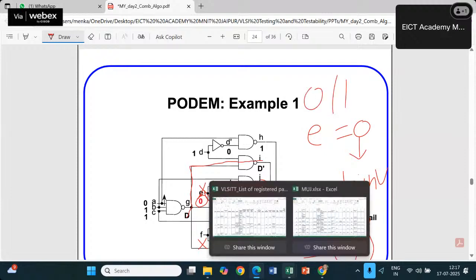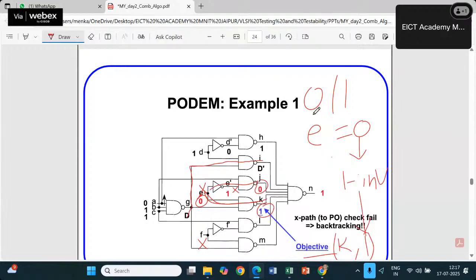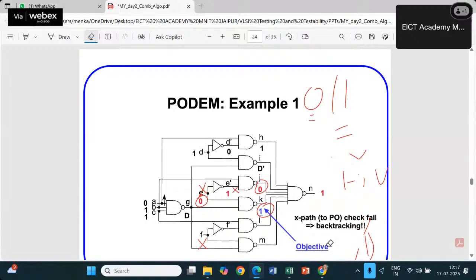So what is your goal? If I am making it 0, 1, what is your goal? 0, right? The goal is 0. D dash means it is 0, 1, right? I can have D dash at I, K or M because these are the D frontiers.